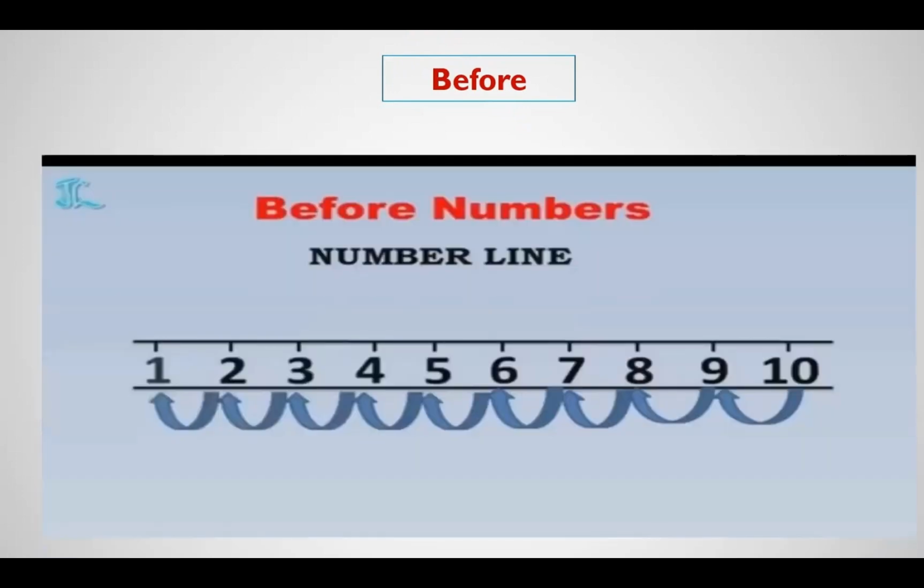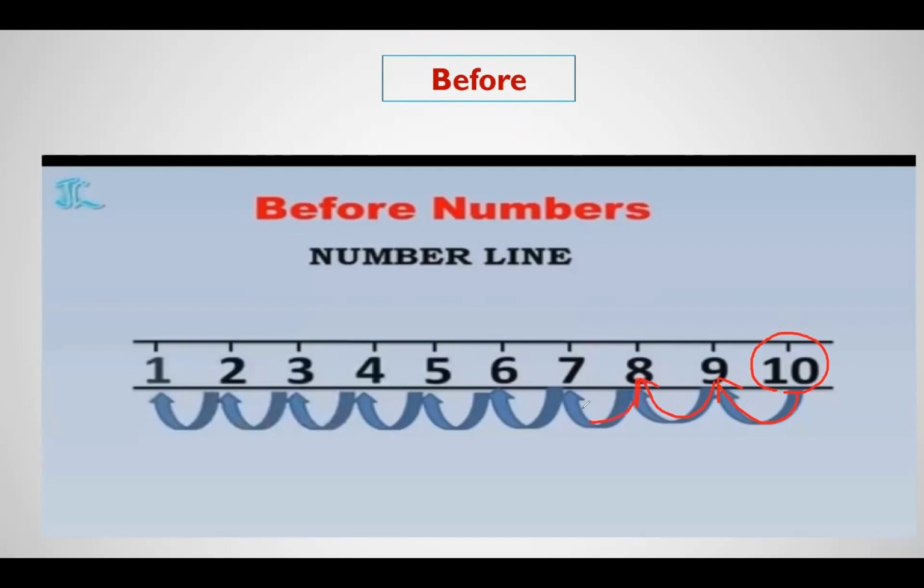Okay. What about before? Before means I'm going to return back, jump back. So here, can you see this number line? If we stop on number 10, what is before 10? It means I'm going to jump back, return back. Before 10, 9. Before the 9, 8.